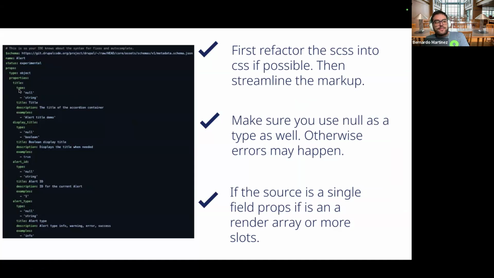Like, what the heck is this field? What type is it? So I found out that you can find that out easily if you are doing recipes while you're doing SDC, because recipes will tell you what the type of it is, and then you just copy it over. The only thing to keep in mind is that you also want to define null as a type.